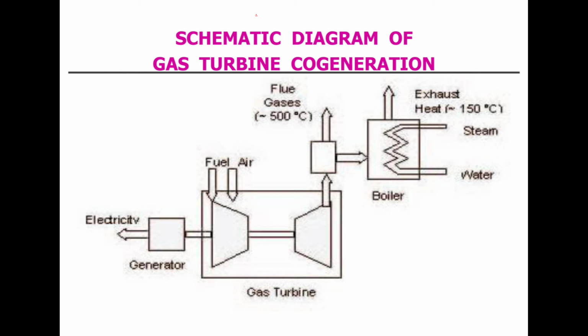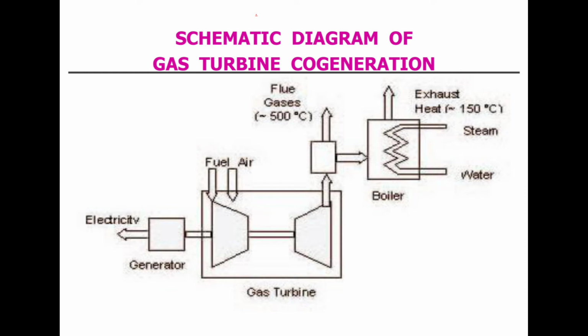Because of the flue gas heat, the boiler tubes catch the heat from the flue gas, and then the water is converted into steam. The steam is circulated to the turbine unit, and then the remaining portion of the flue gases will be exhausted through the exit of the boiler.